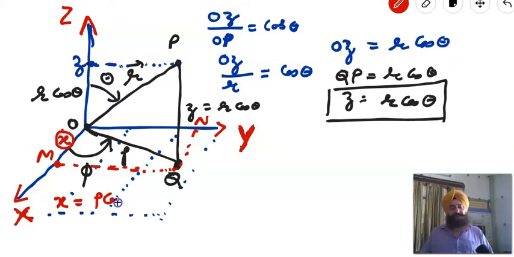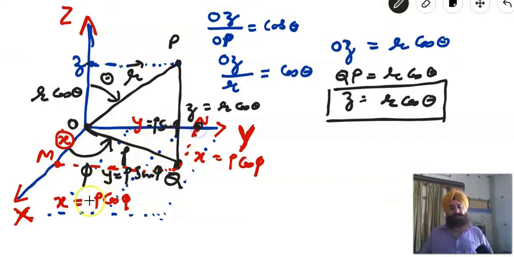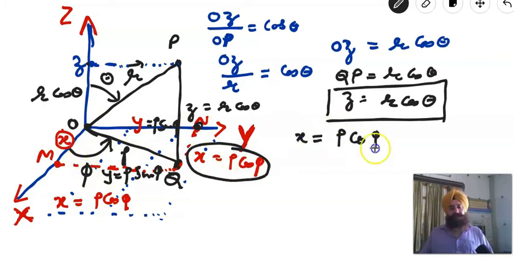Consider this right angle triangle. So x becomes rho cos phi. And what does y become? y is rho sin phi. So y is rho sin phi, and x is rho cos phi.